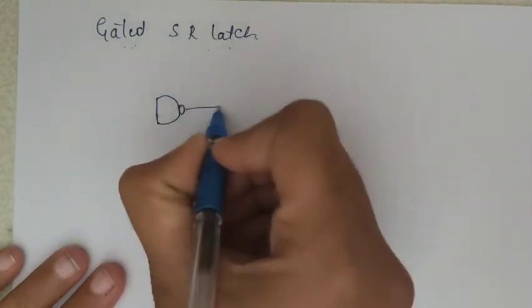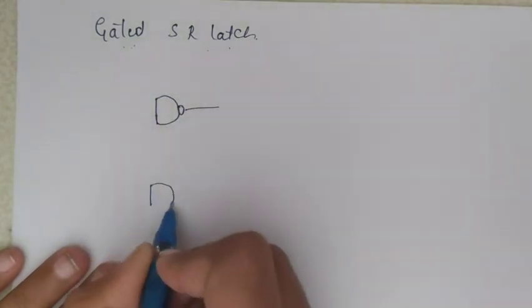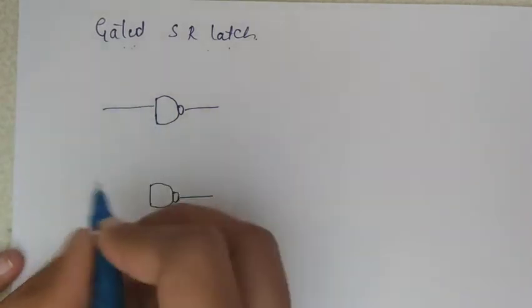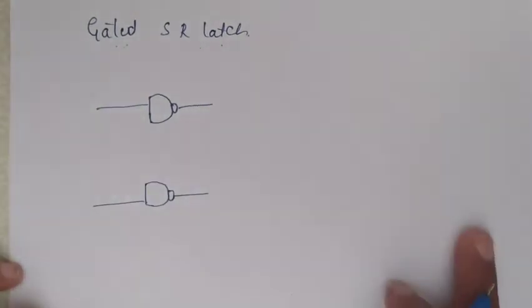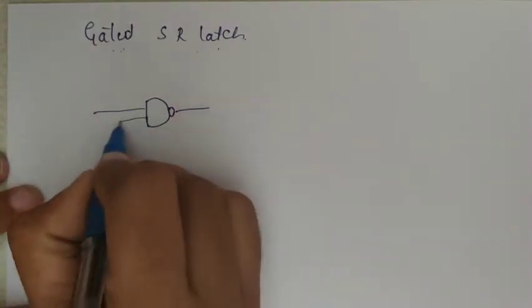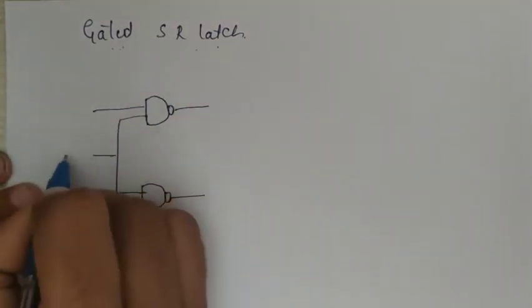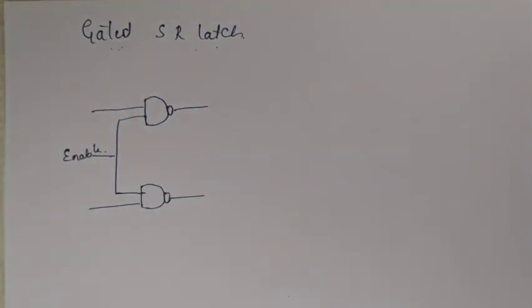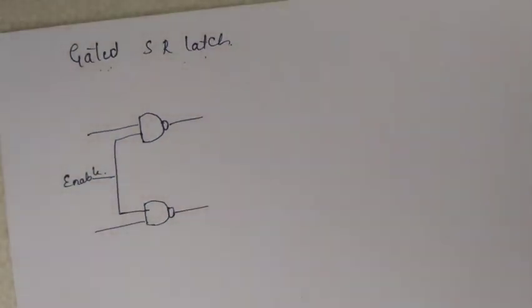Both inputs are connected to a single enable. If enable is 1, then only the circuit will work, otherwise the circuit will not work.